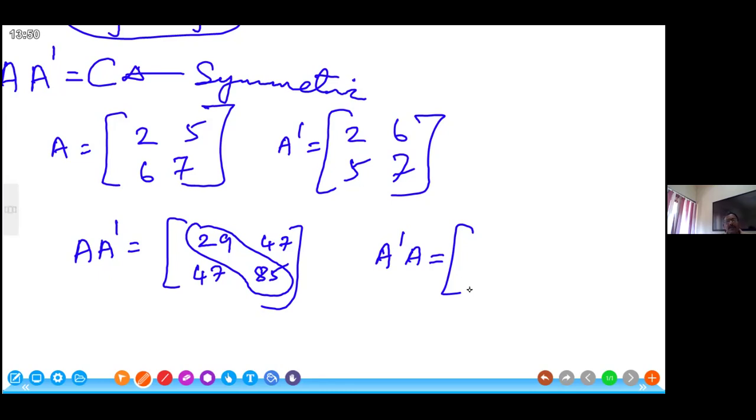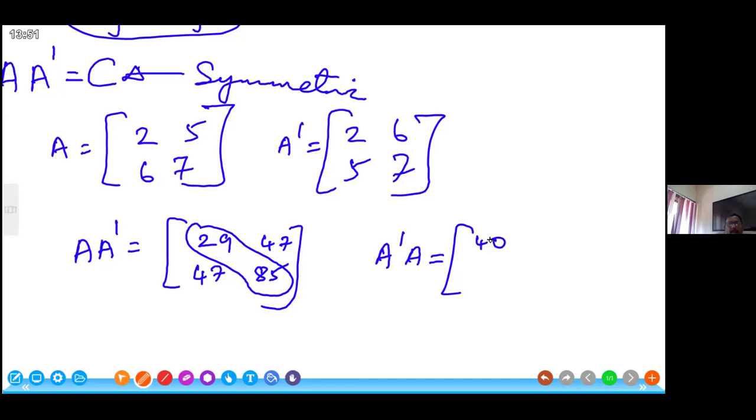Tell me the values. I will give the first element.